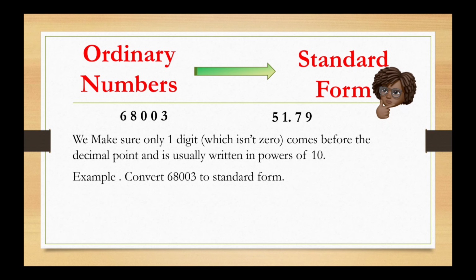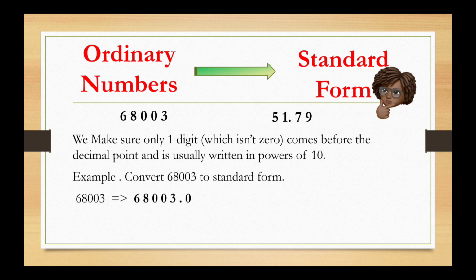So we're going to look at how we can convert 68,003 to standard form. So we're going to write the number 68,003 first of all with a decimal point. You know that whole numbers can be written as decimals just by adding a zero at the end, right?